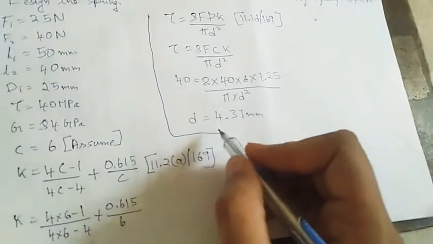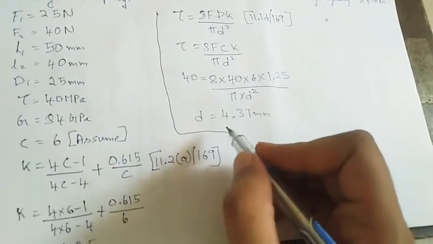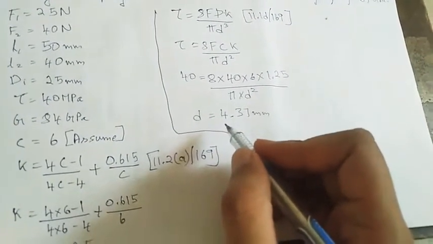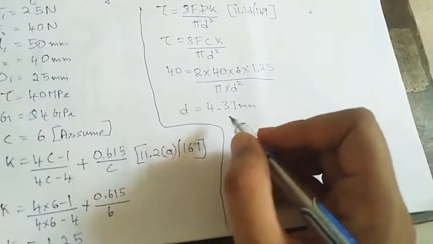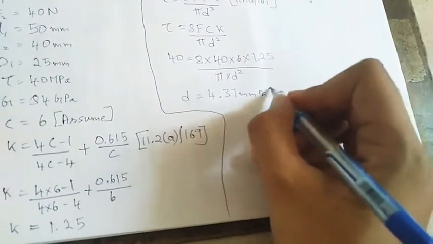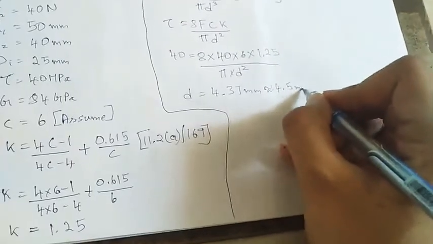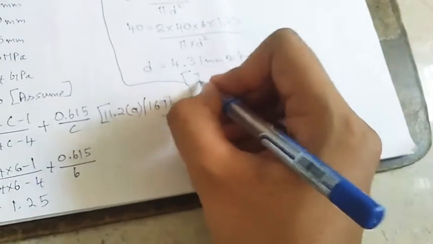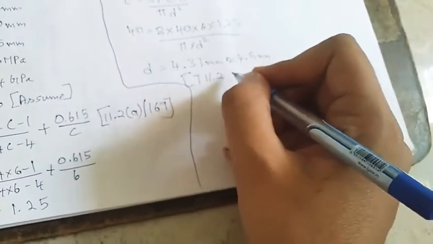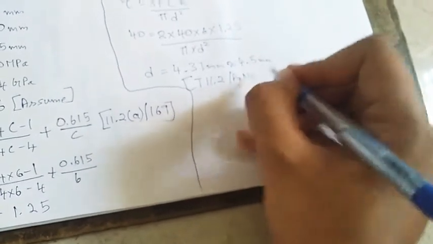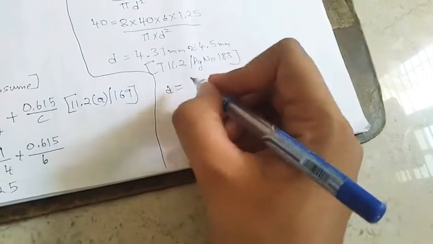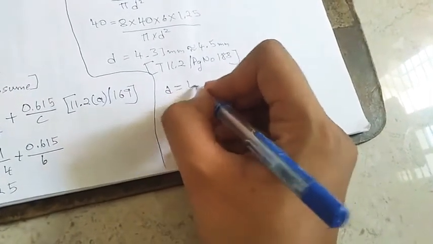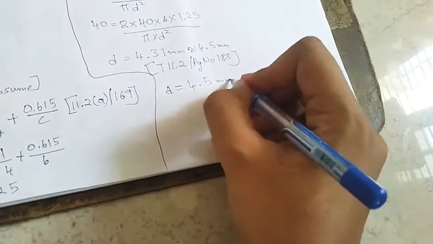So here the diameter that I am getting is 4.37 mm. So I'll approximate this value to 4.5 mm. So this I have done from table 11.2, page number 188. So now the standard diameter of wire is 4.5 mm.